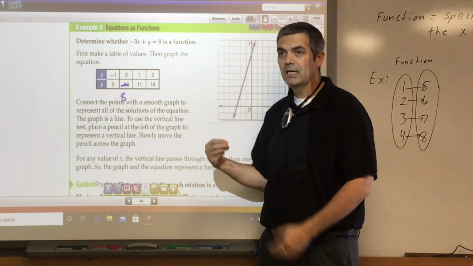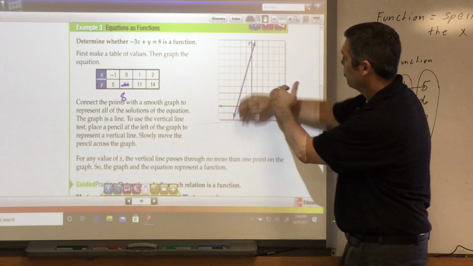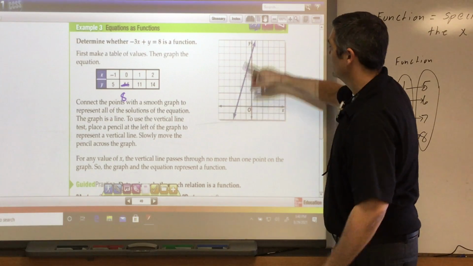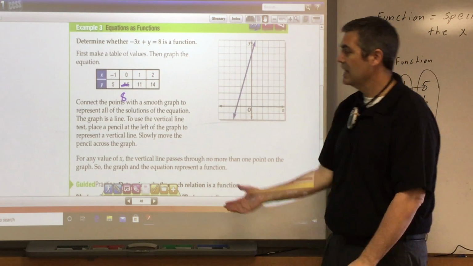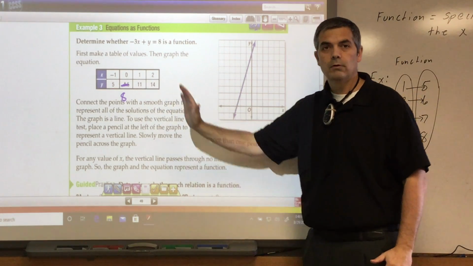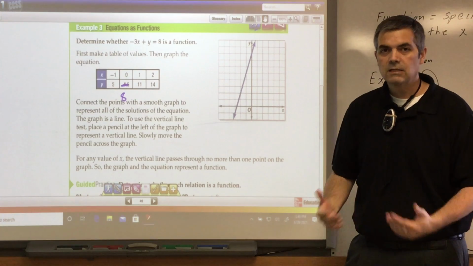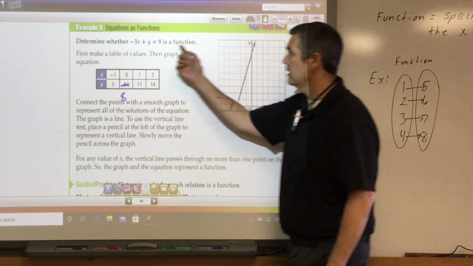Well, 0 plus 8 gets me 8. And that's how they went about this. And then they took and they graphed it. Okay, notice our graph was correct here. Okay, so they graphed it and they said, well, is that a function or not? Well, it passes the vertical line test when I go through it. So, yes, it's a function. Okay? That's what they're talking about here whenever they give you this equation.